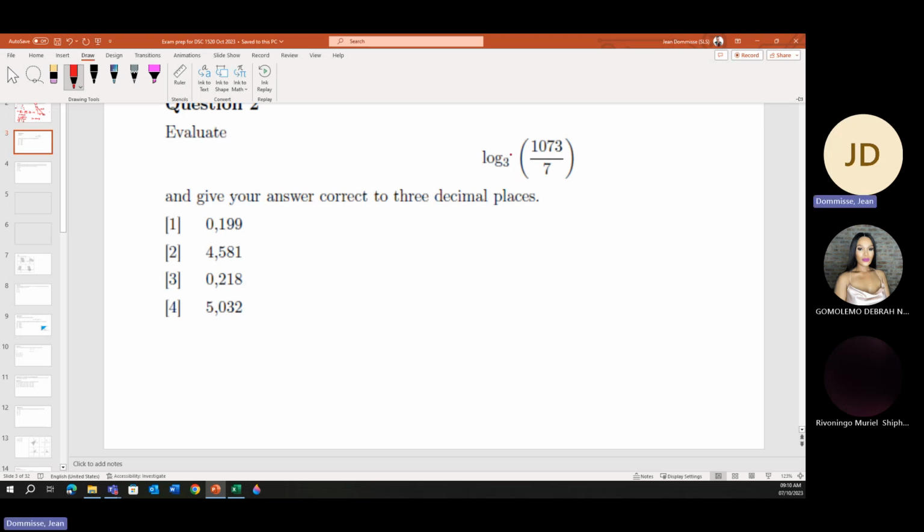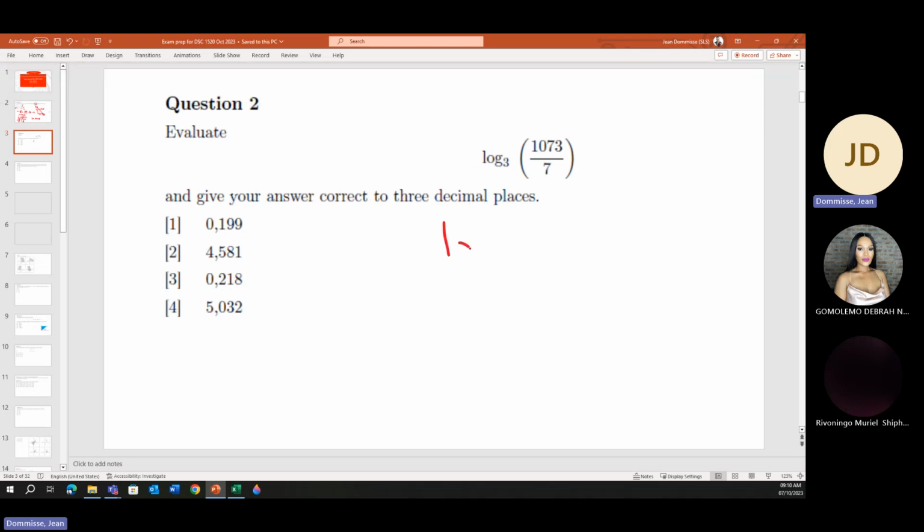If you did not want to use the calculator and want to use the rules, it is basically log of the thing that's in the brackets, 1073 divided by 7, divided by log with 3.